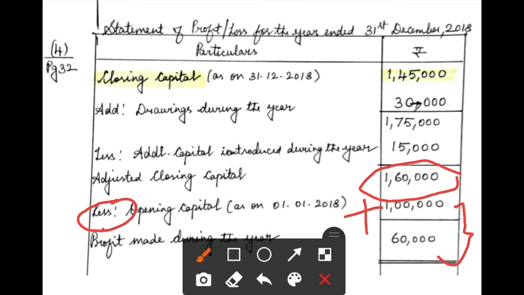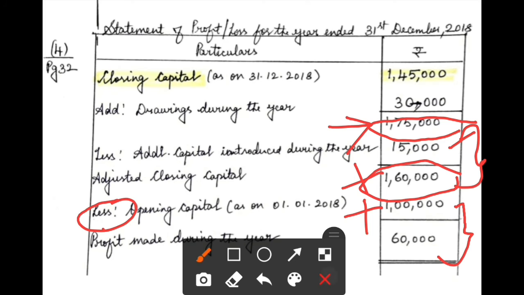Now you have 1,60,000, and the value above it is 15,000. Actually the meaning is that when 15,000 is deducted from this value, it gives you 1,60,000. So obviously we are going to add this also. 1,60,000 plus another 15,000 gives you 1,75,000. So far you have proceeded from downwards to upwards.